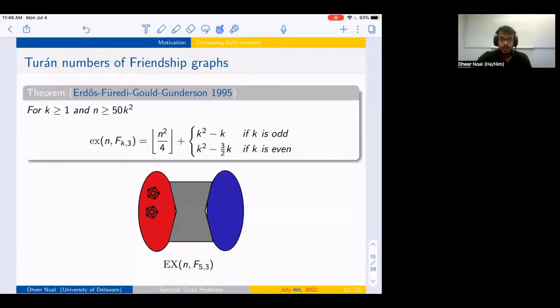And so Erdős, Füredi, Gould, and Gunderson did this for the friendship graphs, and they found that if you're forbidding the friendship graph with k copies of triangles, then you can take a complete balanced bipartite graph and embed some regular graphs into one part, and you should get the extremal construction.